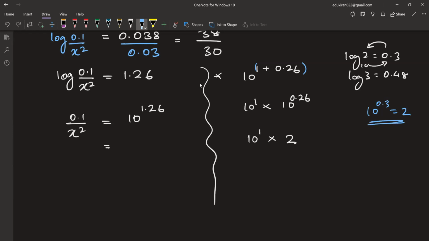Yes or no? हाँ, जो जितना पता है उतना आपने इस्तेमाल कर लिया। 0.3 is equal to 2, यहाँ पे आपने 2 लिख दिया, 2 into 10 to the power 1. So this will be 2 into 10 to the power 1 is equal to 20, this is 0.1 upon x square, और x square will be equal to 0.1 upon 20. So what will be this answer, tell me?